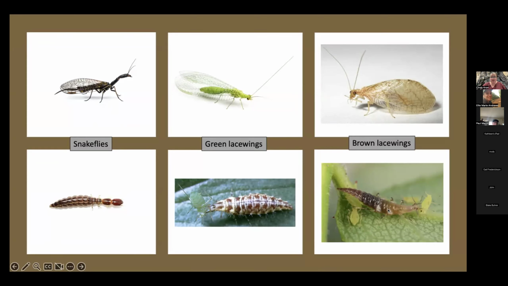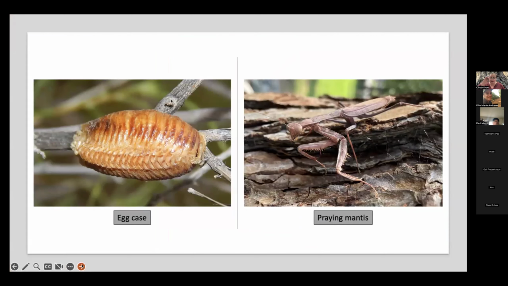Adult brown lacewing and larvae are predaceous, and only the green lacewing larvae is predaceous. The green lacewing adult feeds on nectar and pollen. So these are all good to have out in the field. You can buy green lacewing eggs and larvae for biocontrol from an insectary.